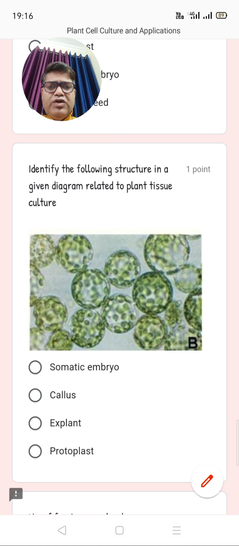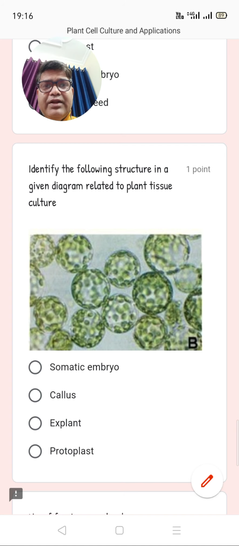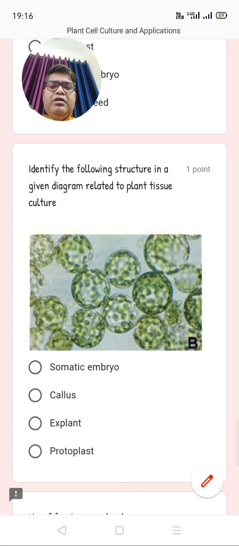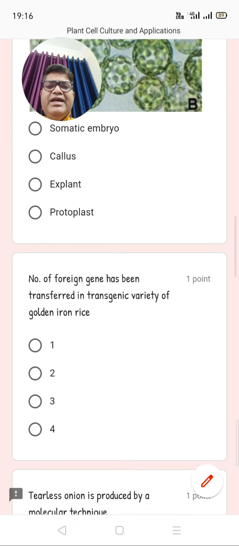If you observe minutely, you can see clearly that there is no cell wall. So the correct answer is protoplast culture. You can easily transfer any gene, and you can easily produce any useful biomolecules inside this protoplast cell through protoplast culture.